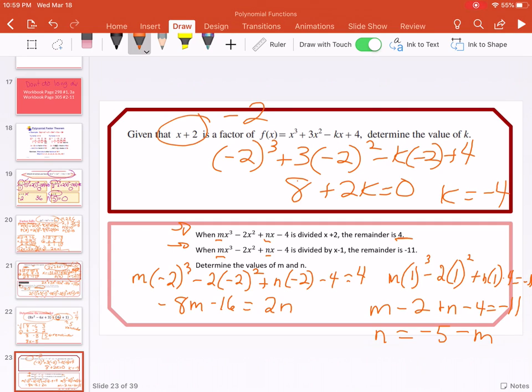So if I know n equals negative 5 minus m, I can use this equation over here and substitute the n in, so that I'm solving an equation with just one variable.